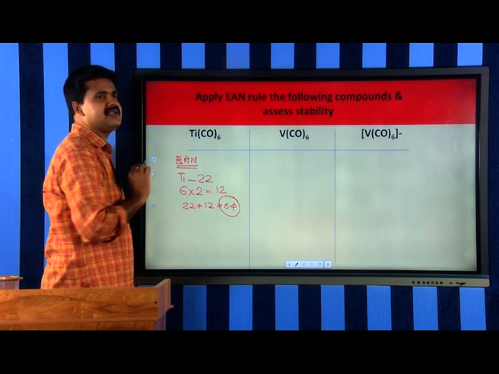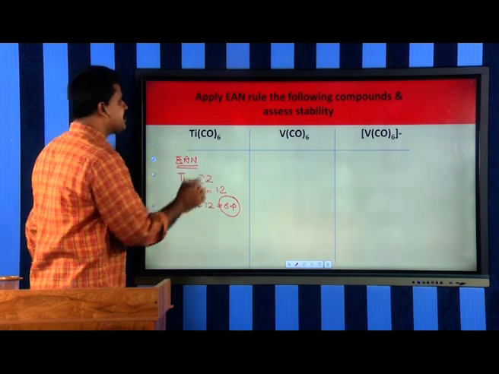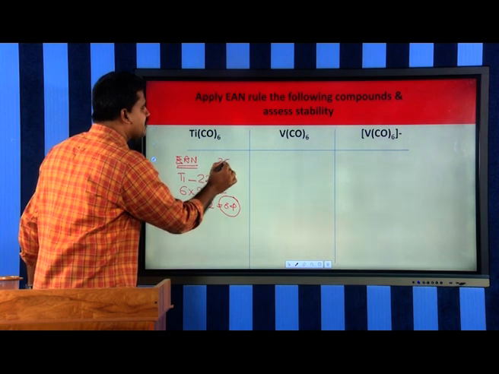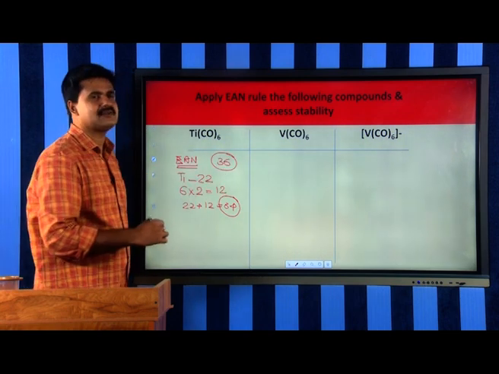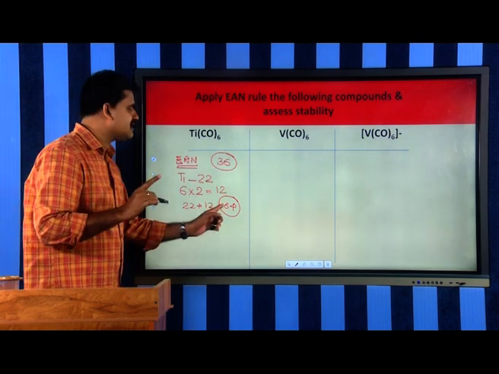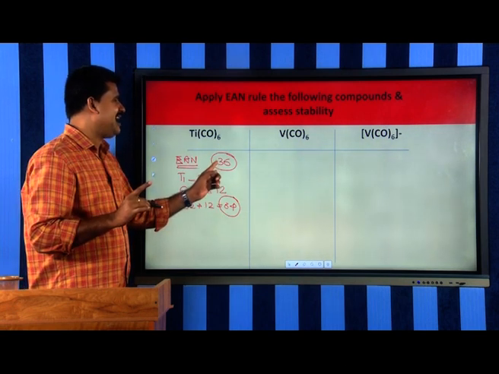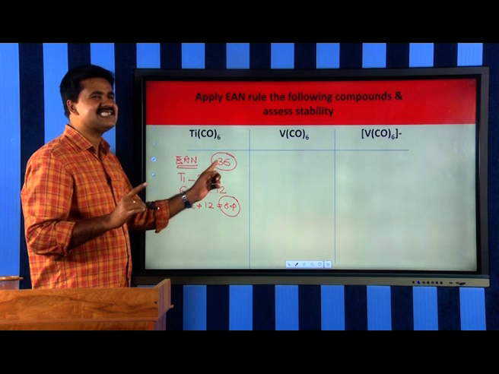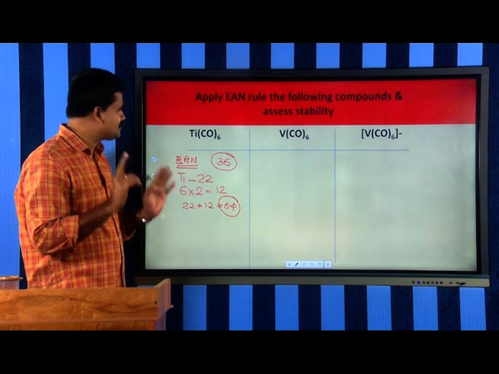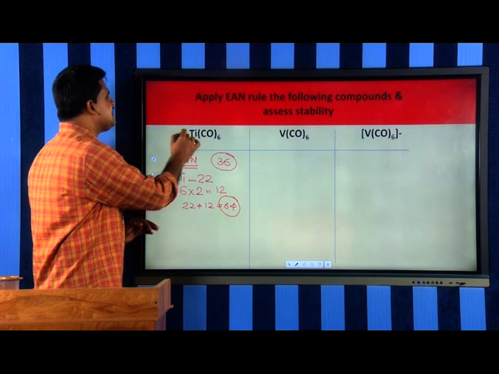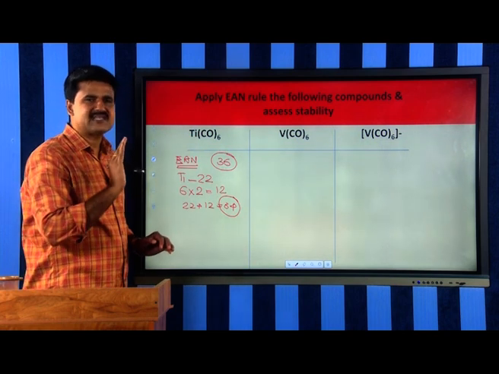The nearest noble gas in this range has atomic number 36, that is krypton. And here we have an EAN equal to 34 only, while the atomic number of the nearest noble gas is 36. So as per the EAN rule, Ti(CO)6 is not stable.